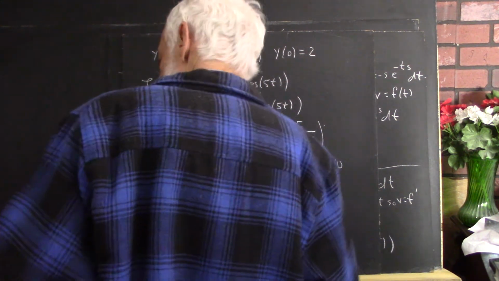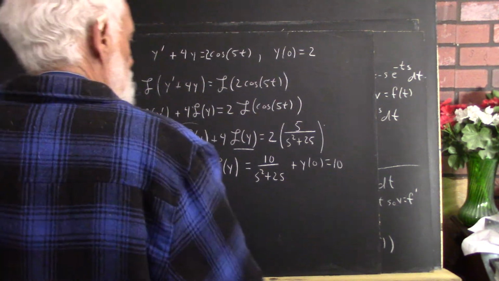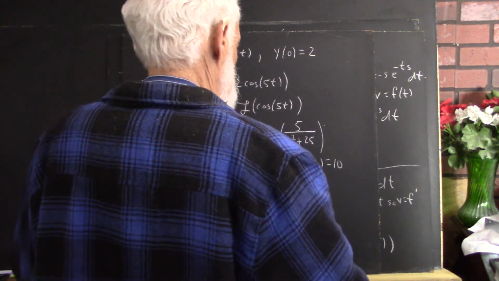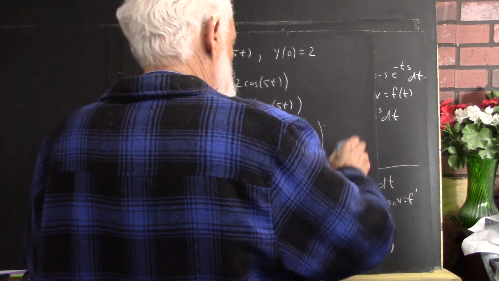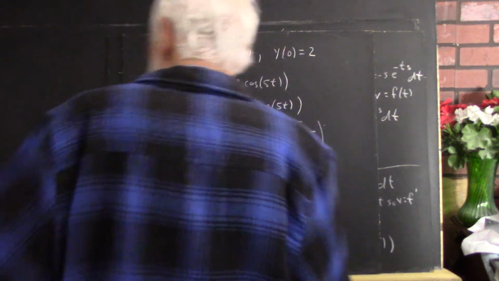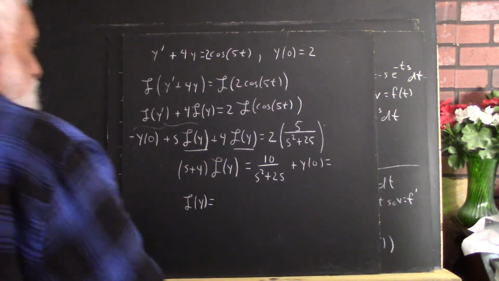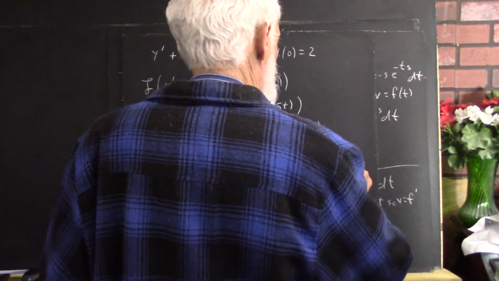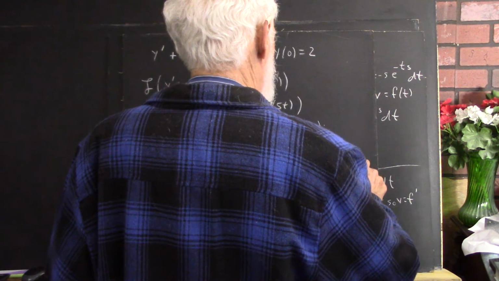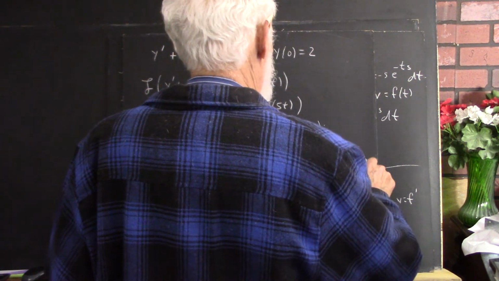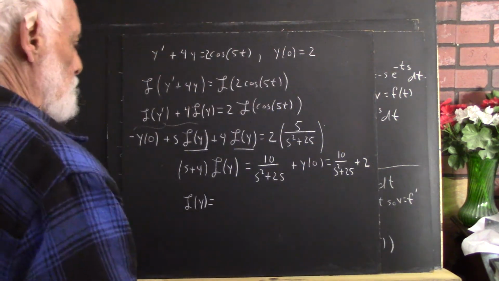I'm not lining things up well, am I? 10 over s squared plus 25 plus 2.